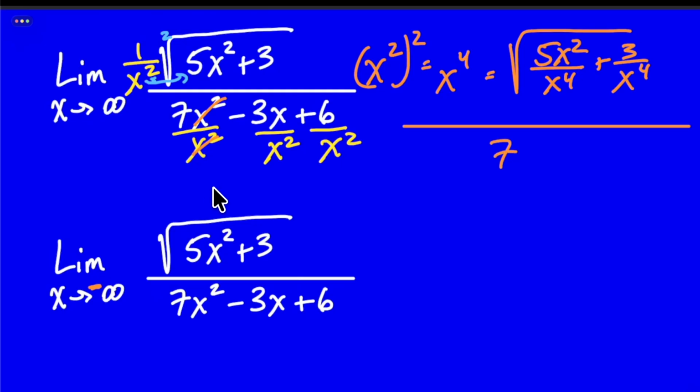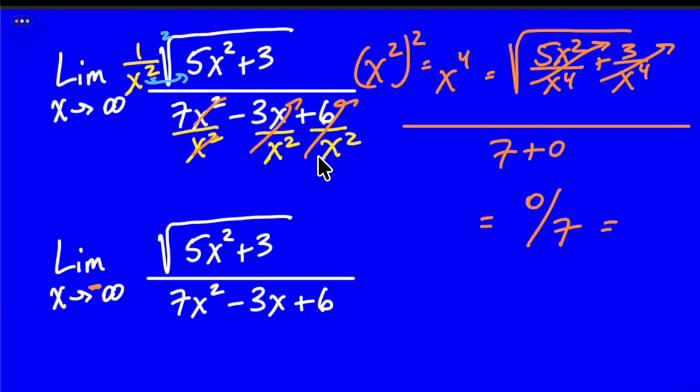We're going to have 7, but infinity in the denominator, big denominator. These are both bottom heavy. They both go to 0. Okay, so what's happening up top? Up top, that's going to go to 0, and here this first term is going to go to 0. So we're going to end up with 0 over 7 for a final limit of 0.